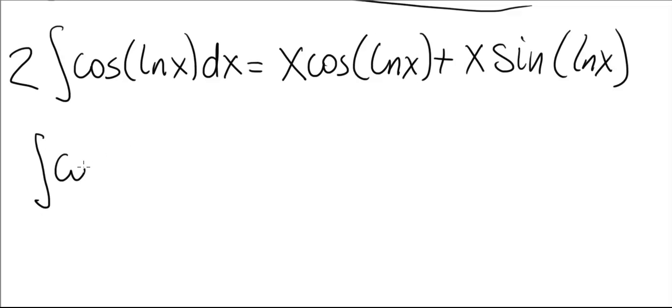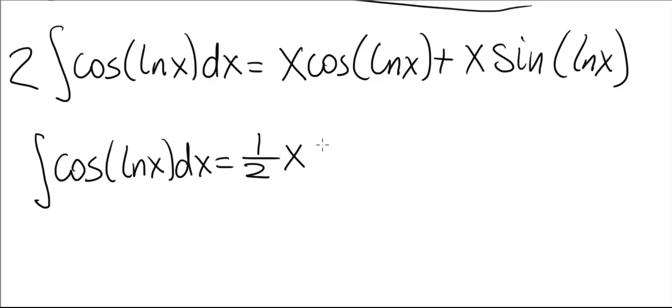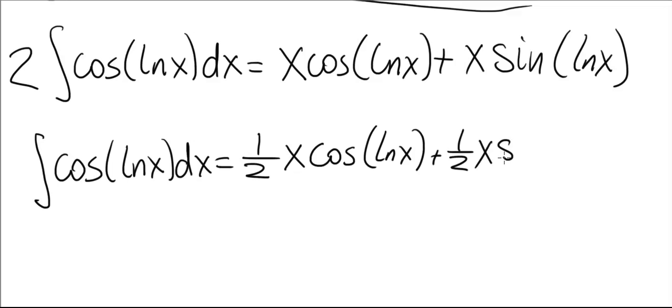The integral of cosine of ln of x is equal to 1/2 x cosine of ln of x plus 1/2 x times the sine of ln of x. We can add a constant of integration c, and that's the solution. So this is an indirect way of solving it, but nevertheless it works perfectly.